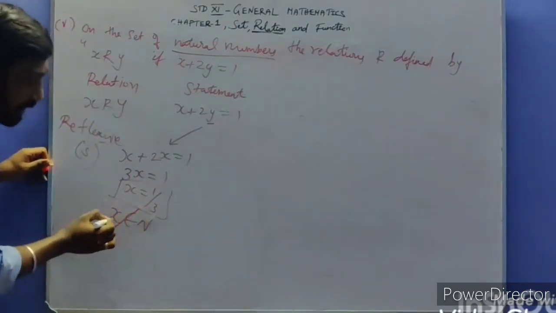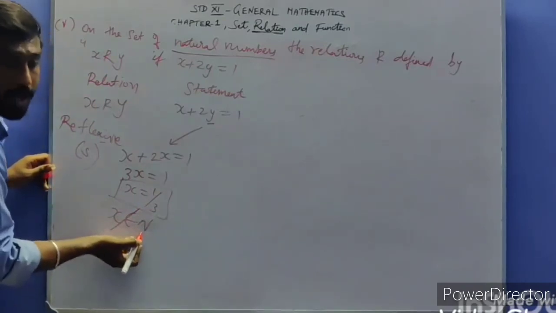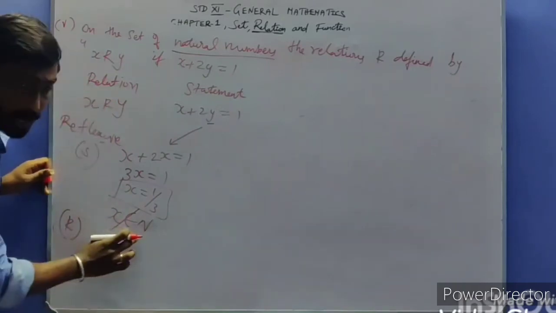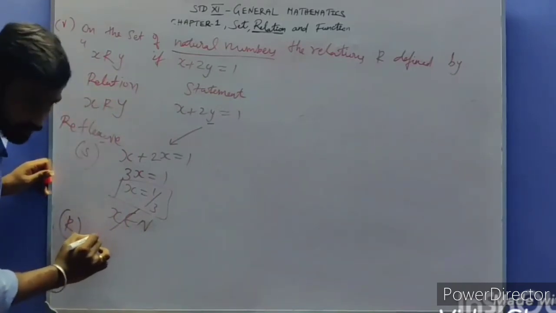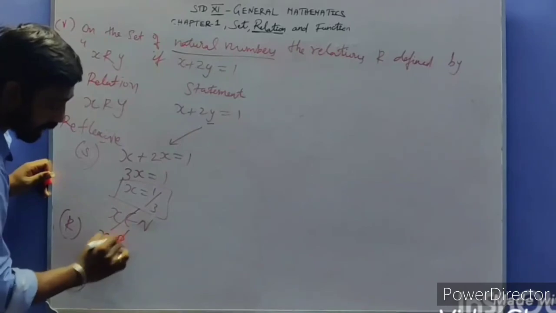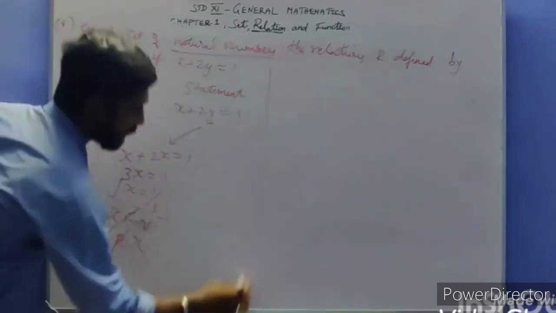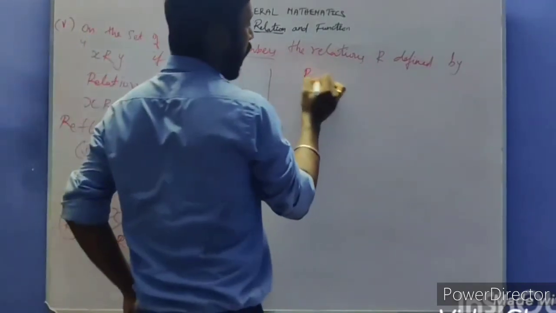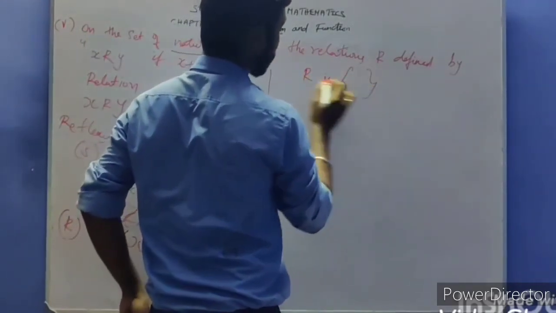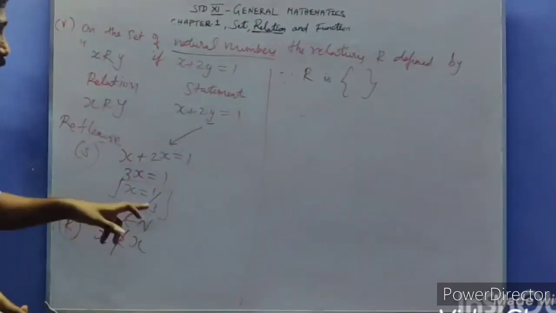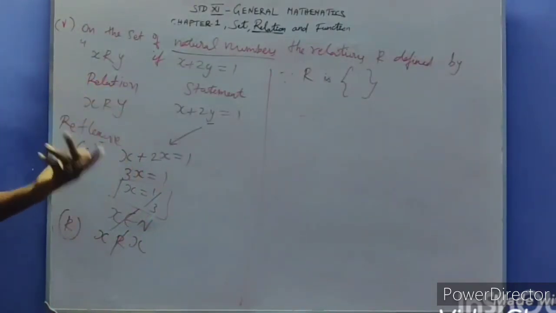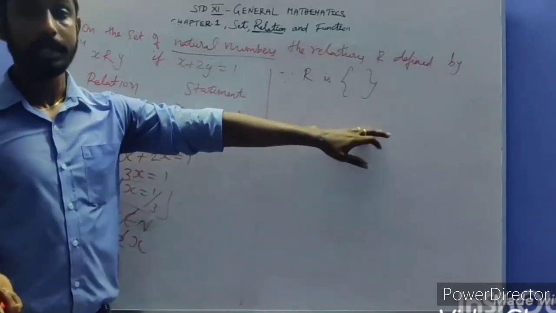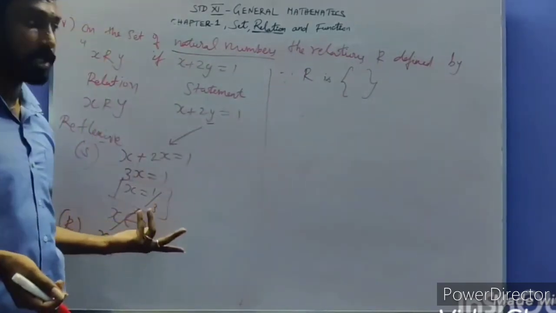So x is not related to x. In this sum, R is a null set, because we have natural numbers starting with 1 and here 1 by 3 is not one.